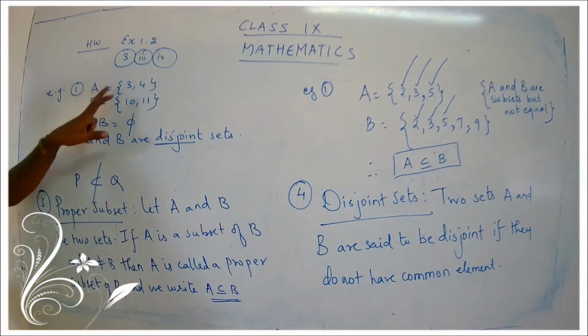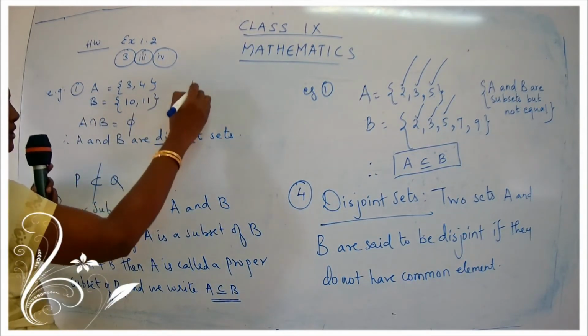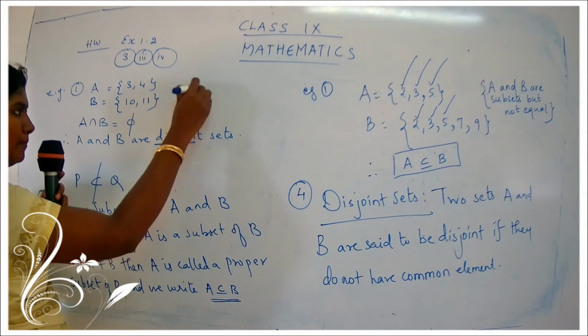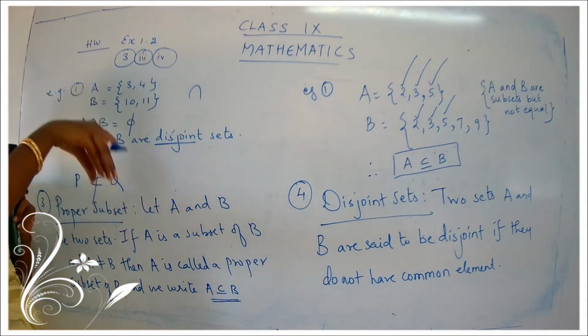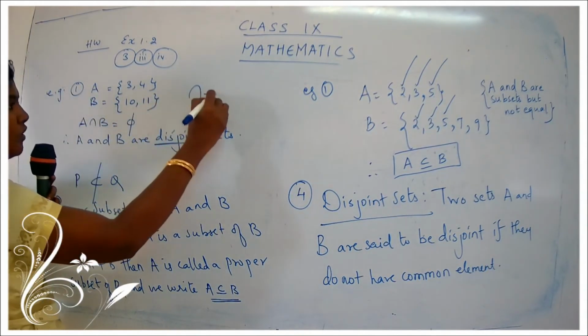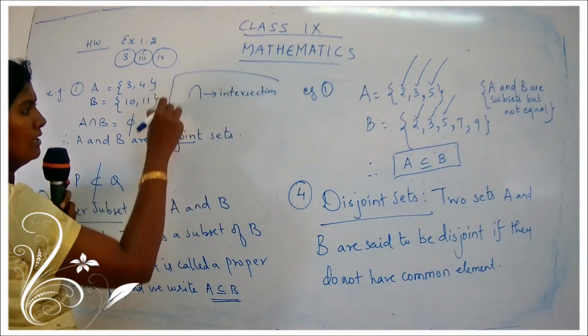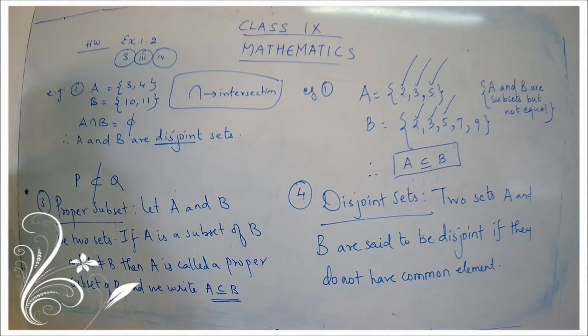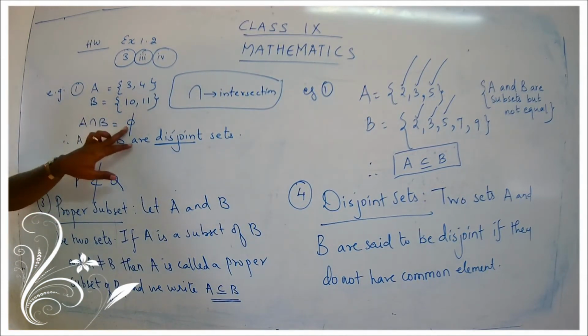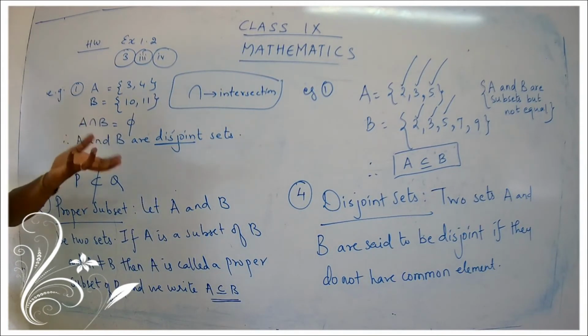See? When you write a U upside down, this is called intersection. What is this symbol called? Intersection. So A intersection B, there is nothing common. That means empty. I have told you when there is no element, what do you write?